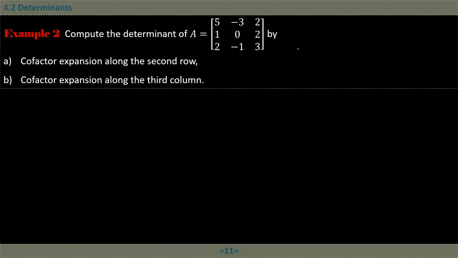Because from here I know that Cij is equal to negative 1 to the power of i plus j times the determinant of Aij. So starting from here, the second row means that the first one will be 2, 1, because 2 plus 1 is 3, negative 1 to the power of 3, determinant of A21. That's why we are starting here with minus. Once you know just one side, we know that it alternates, so it is minus, plus, minus, plus, minus, plus.